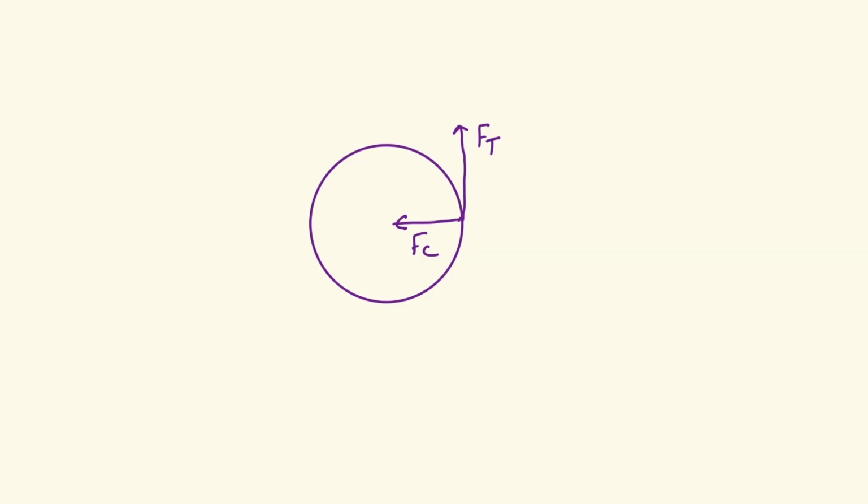Tangential force is nothing but mass times tangential acceleration, which we can write as m dv upon dt. Similarly, Fc is the centripetal force, and we write it as mv square by r.